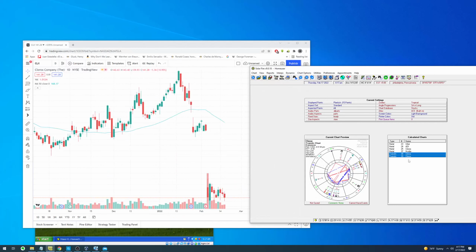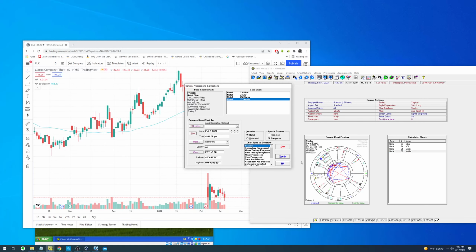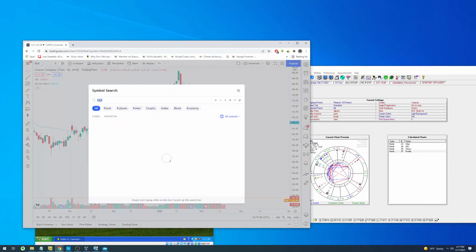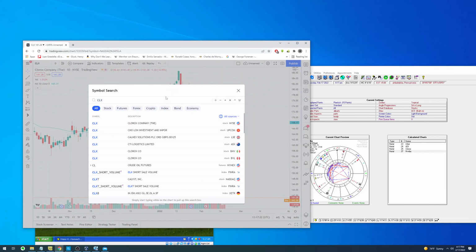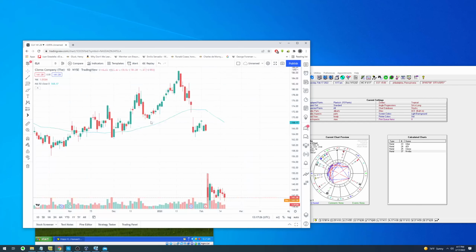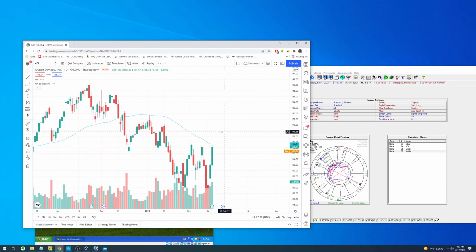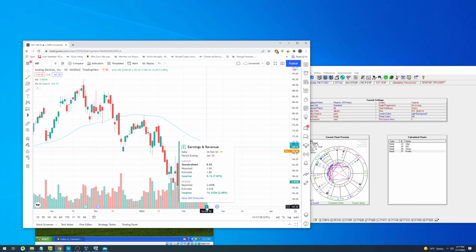Let's look at another example here with ADI, Analog Devices. Look, this is a bullish candle. It gains about 7 points.